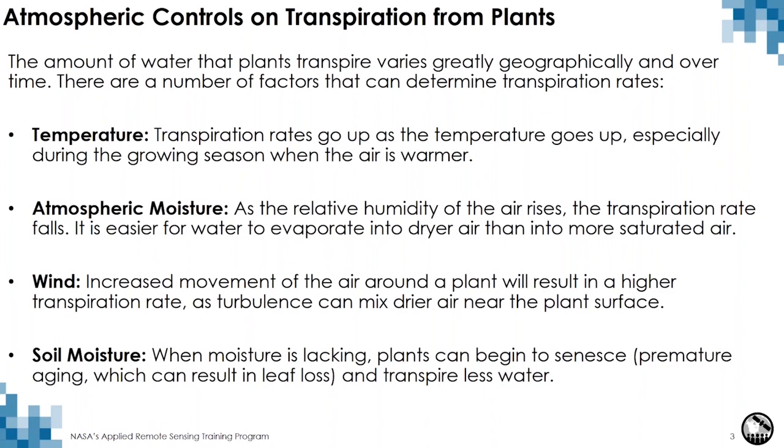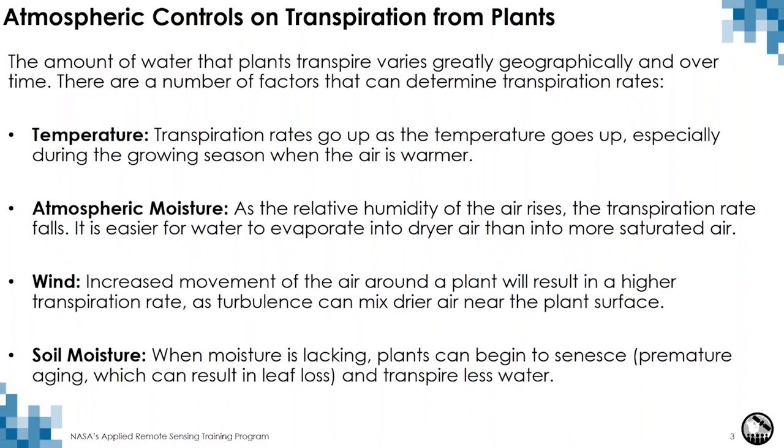And then the one I was also talking about is soil moisture. When moisture becomes lacking, plants will begin to conserve water to avoid going into a dormant state, or to essentially stay alive. And so it will transpire less water.